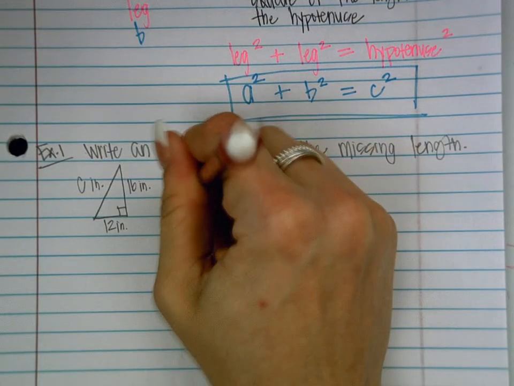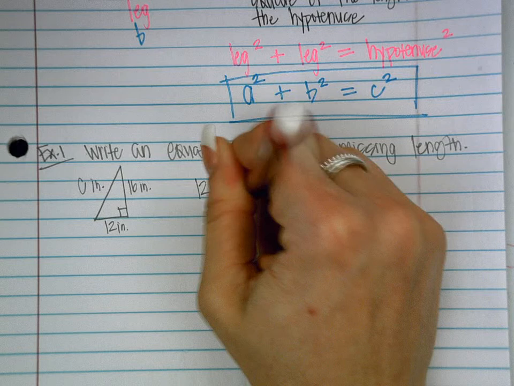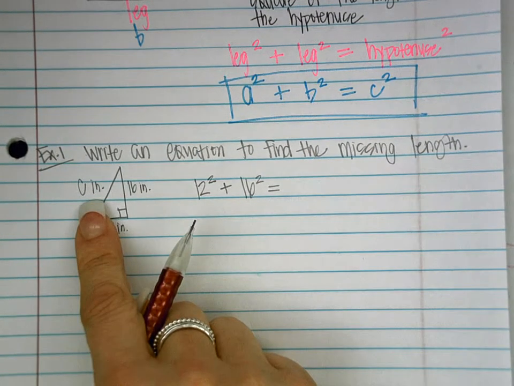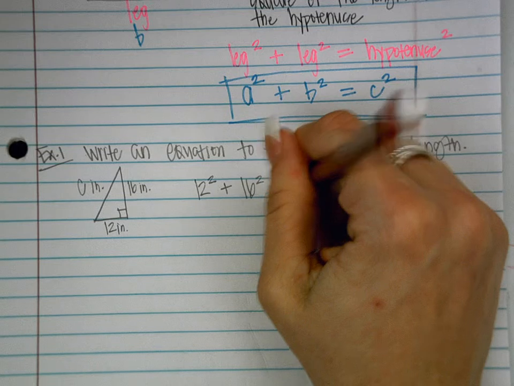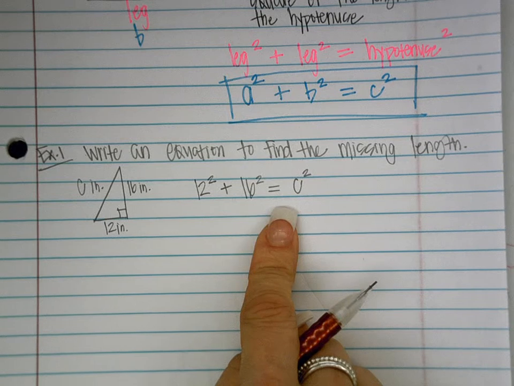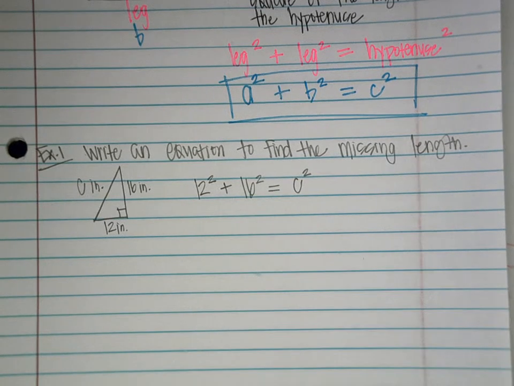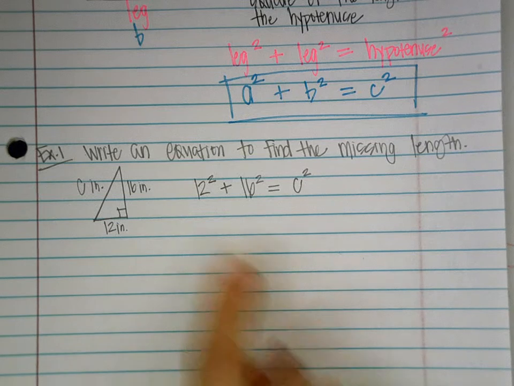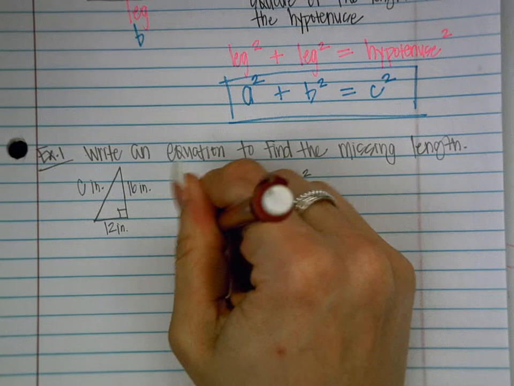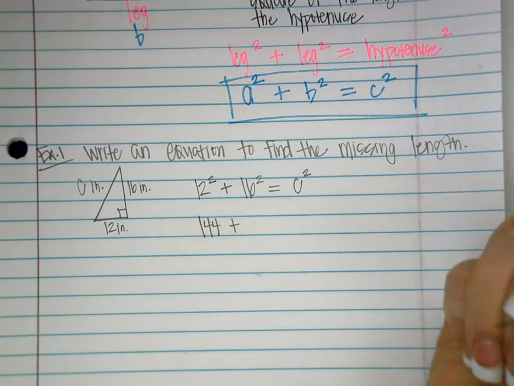So 12 squared plus 16 squared equals, do we know the hypotenuse length? No, so we write c squared. Then we have to work this out, so you have to know your squares. If you don't, there is a list up on the wall, but it would be a good idea to start memorizing them. What is 12 squared? 144. Plus, what's 16 squared?